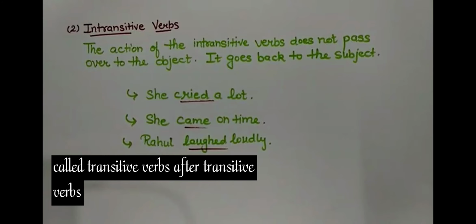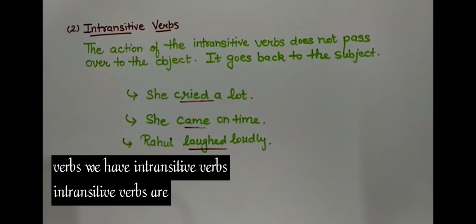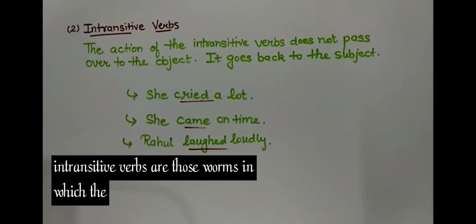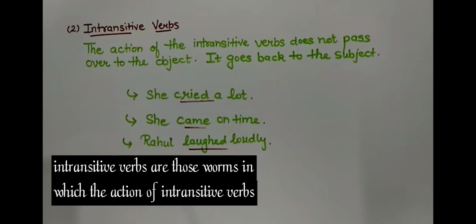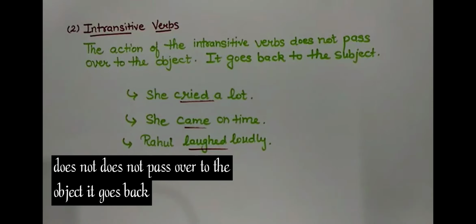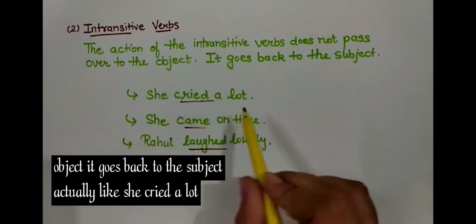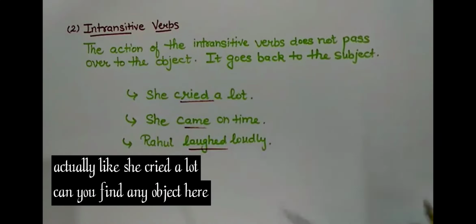After transitive verbs, we have intransitive verbs. Intransitive verbs are those verbs in which the action does not pass over to the object. It goes back to the subject actually. Like, she cried a lot. Can you find any object here?